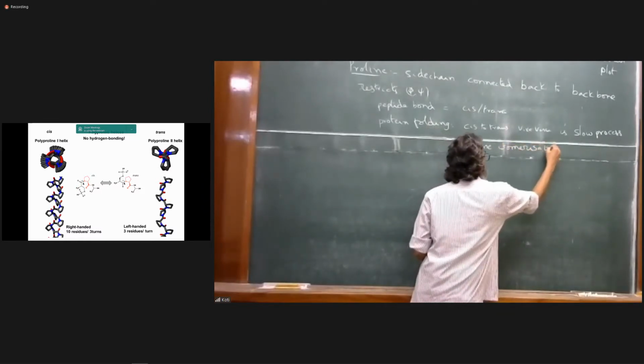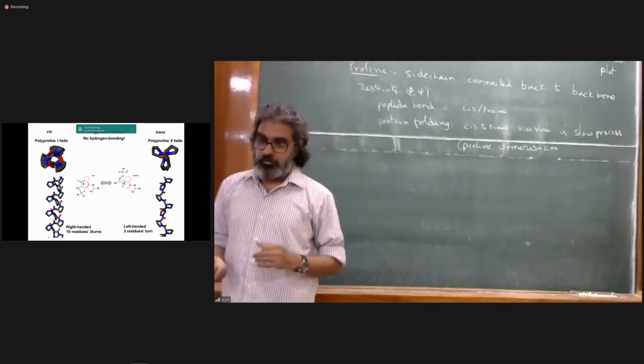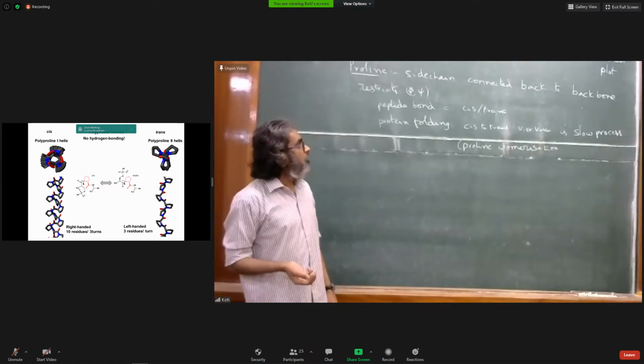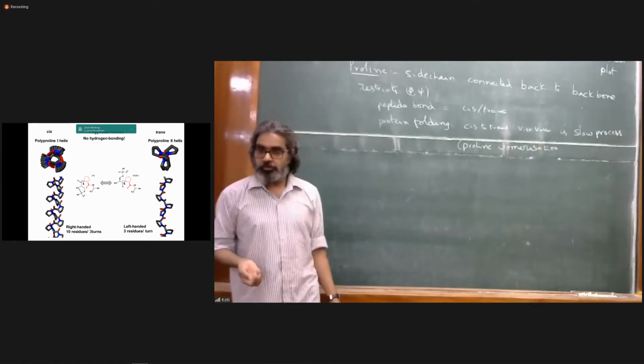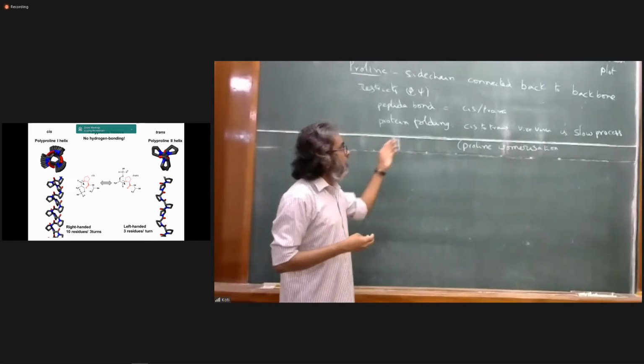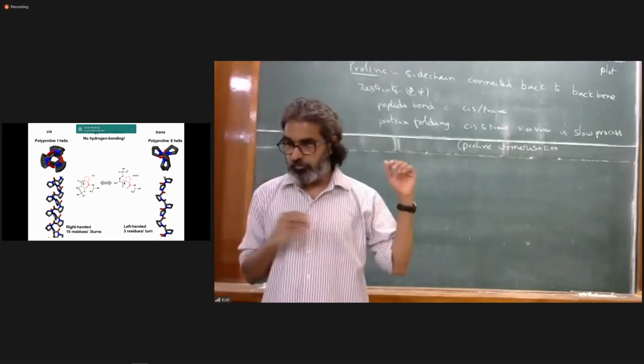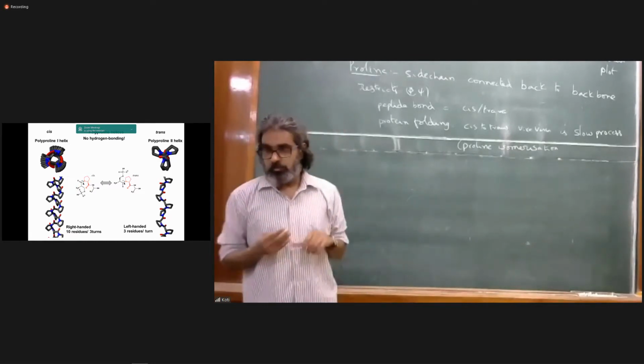This can take milliseconds to seconds time scale. So often people say that if you have a proline in the wrong conformation, then you need this process to occur, and only then is the folding complete. That's from the protein folding side. We'll come there when we discuss protein folding.